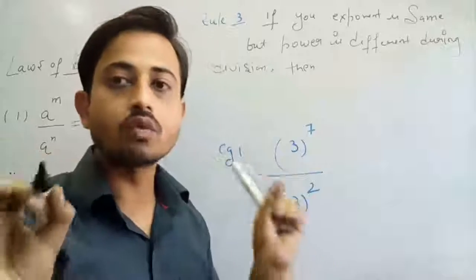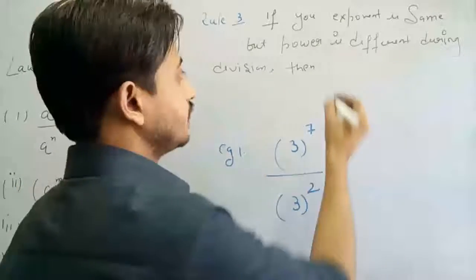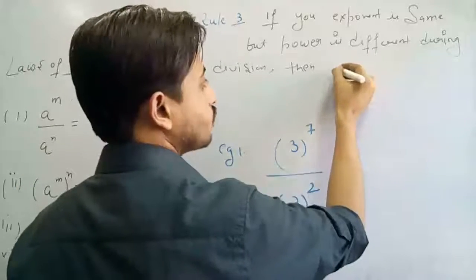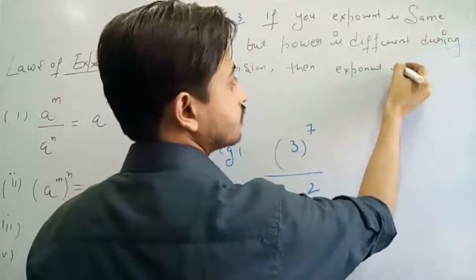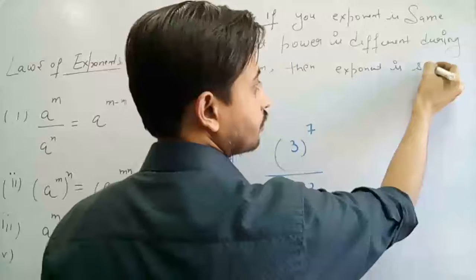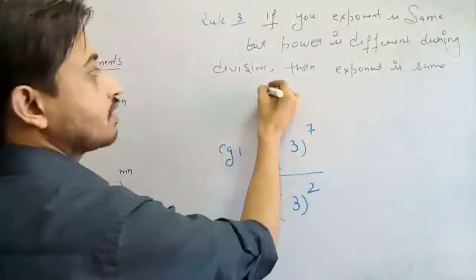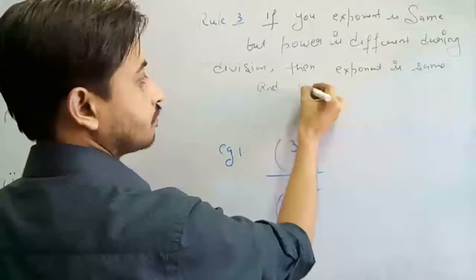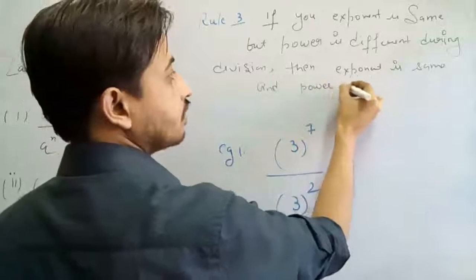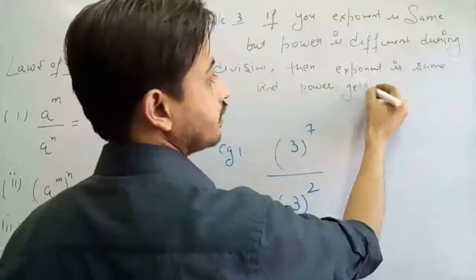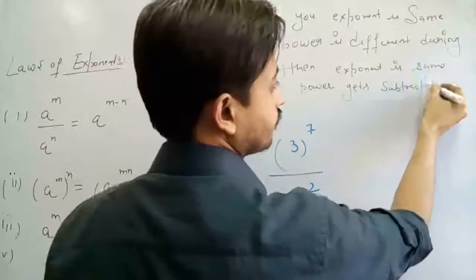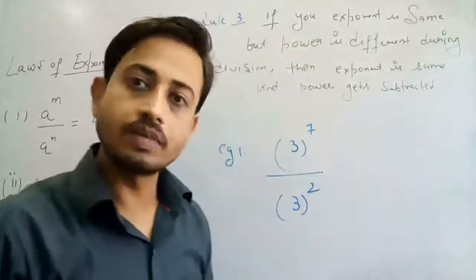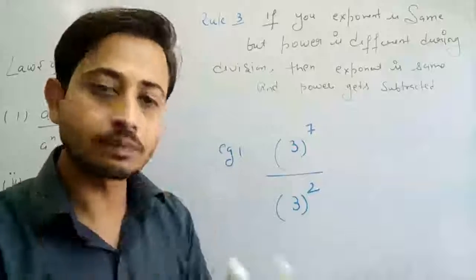Then you have to write the exponent, the exponent is same and the power gets subtracted. So the exponent remains same and the power gets subtracted.